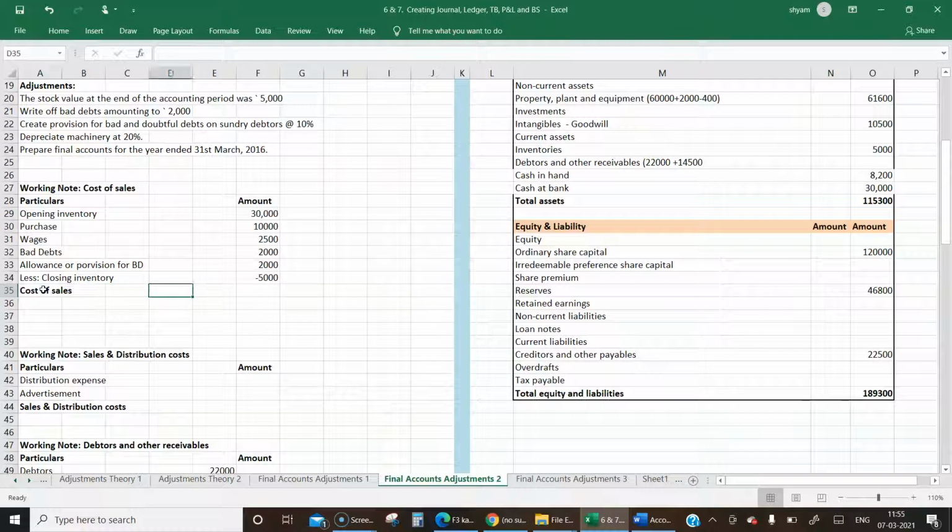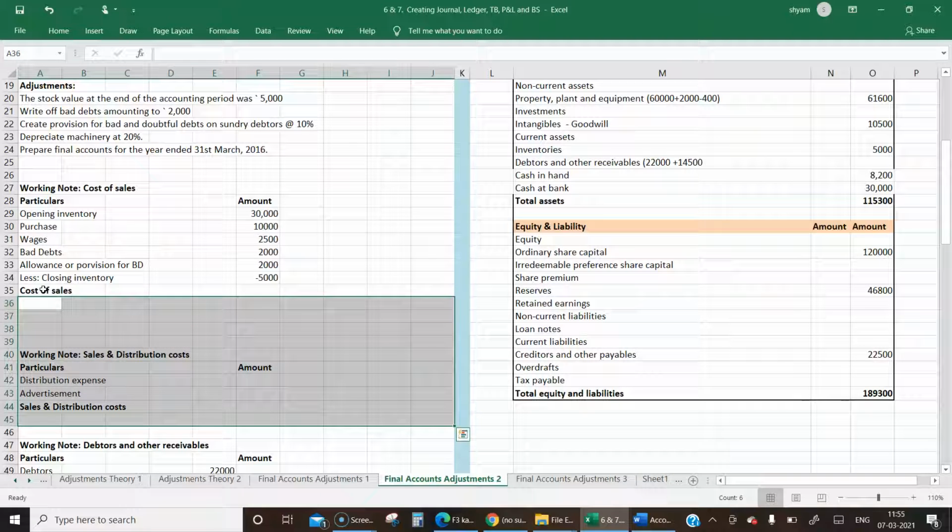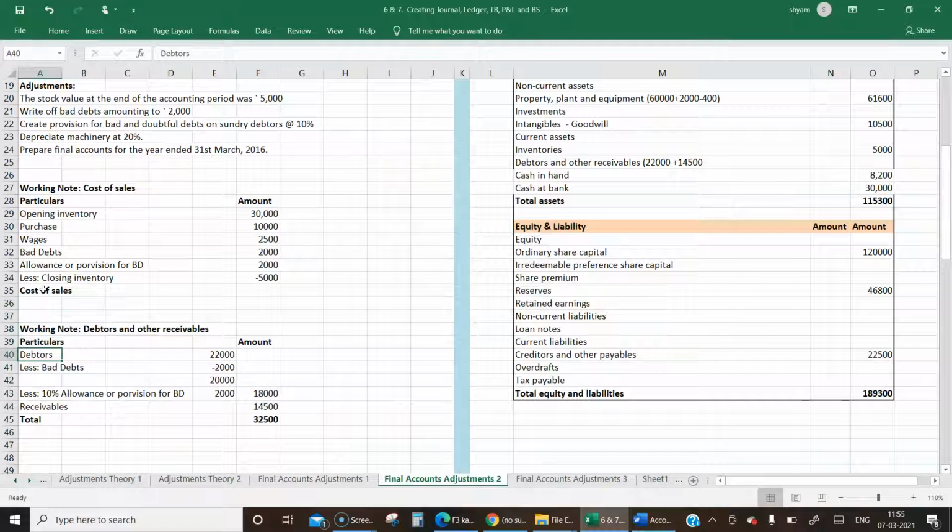Okay, so with this we don't have any other accounts. So we could actually close all the accounts here. So first we'll try to close the cost of sales account.